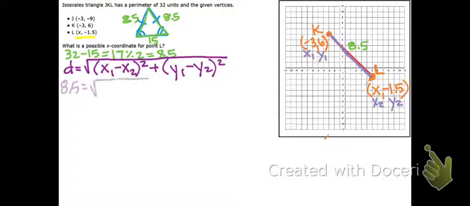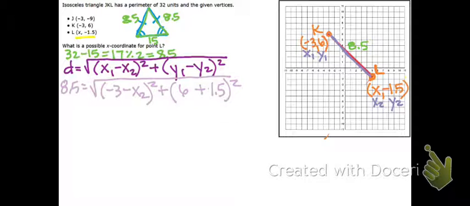And then square root, X1 is -3, X2 we don't know, so I'm going to leave that as X2. Y1 is 6, Y2 is -1.5, so we're going to subtract -1.5. Now remember, subtracting a negative is the same as adding, so I'm just going to change that to plus.